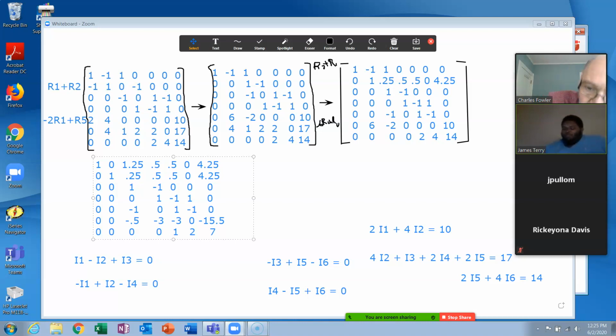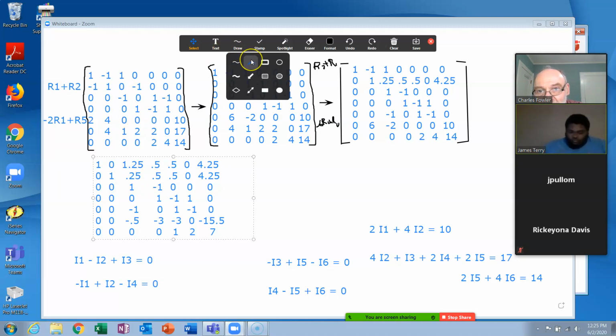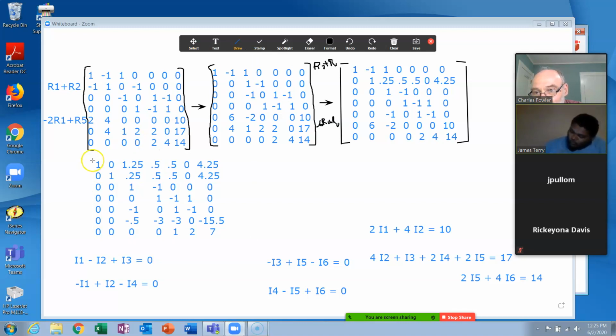Okay. Now, that's my new matrix. And by the way, Jemanuel, we call these equivalent matrices. If you've done the row operations you're supposed to do, these all become equivalent matrices.